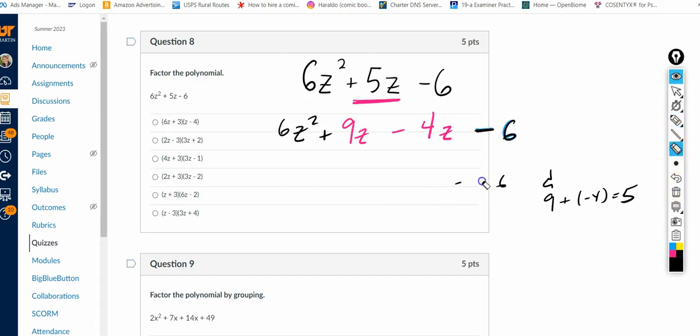Now I should be able to do this with factoring by grouping.